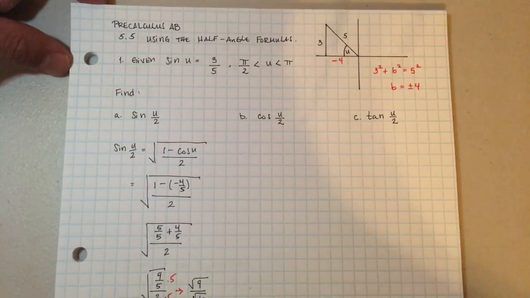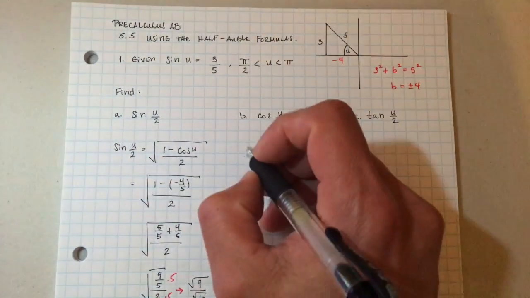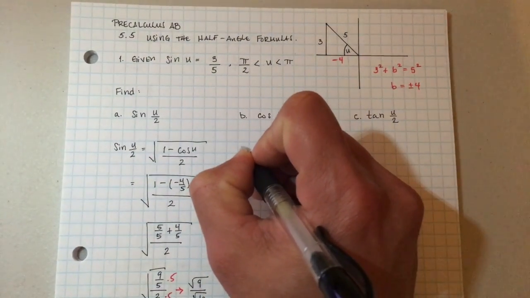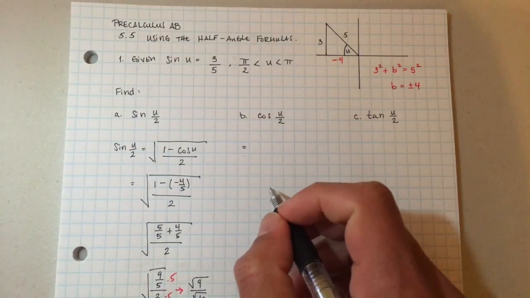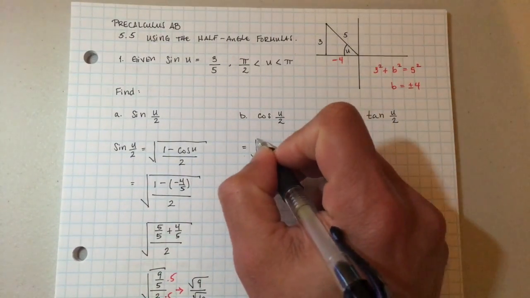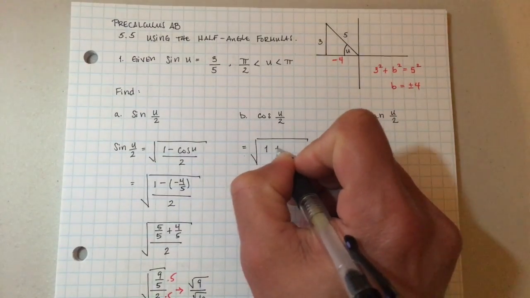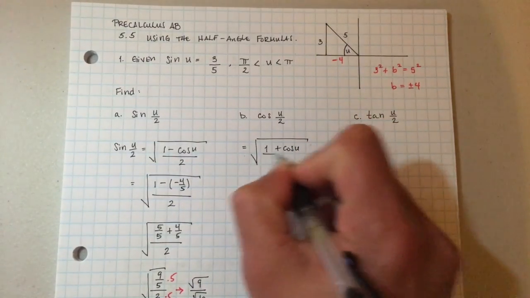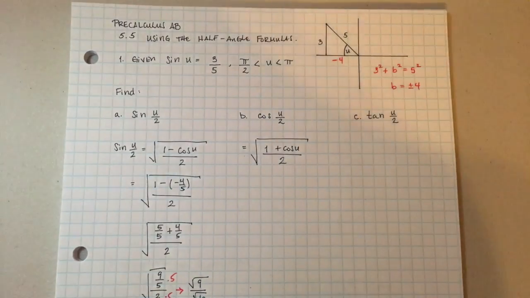Let's go ahead and do cosine. Cosine of the half angle is the same, except it's 1 plus cosine of u, the angle.